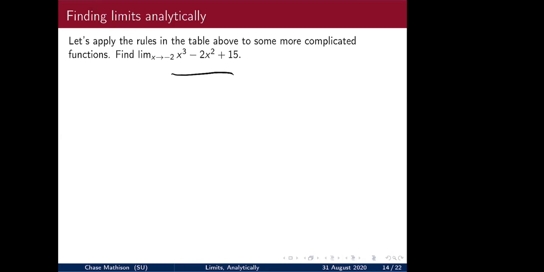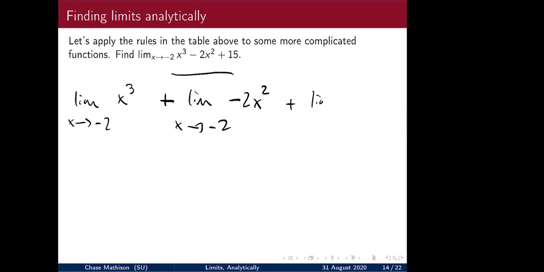Yeah, instead of trying to take the limit of the whole thing, you should break it into its pieces: the limit as x approaches minus 2 of x cubed, plus the limit as x approaches minus 2 of minus 2x squared, and then plus the limit as x approaches minus 2 of 15. Everybody clear where I got that? I just broke the limit of the sum into the sum of the limits.